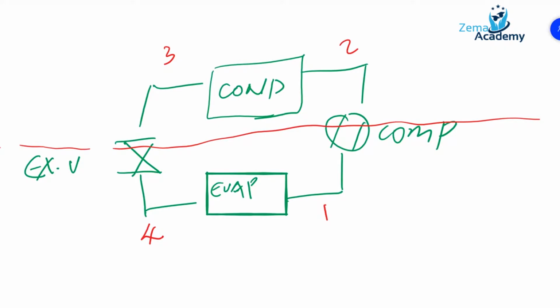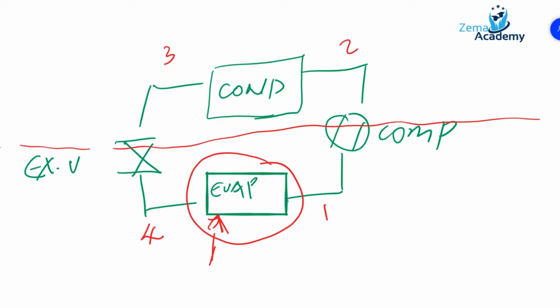I will start with the primary function of an evaporator. Depending on the source, let's start with air coming in here. Inside the four components we have a refrigerant, which is constantly changing its phase from liquid to gas, gas to liquid.